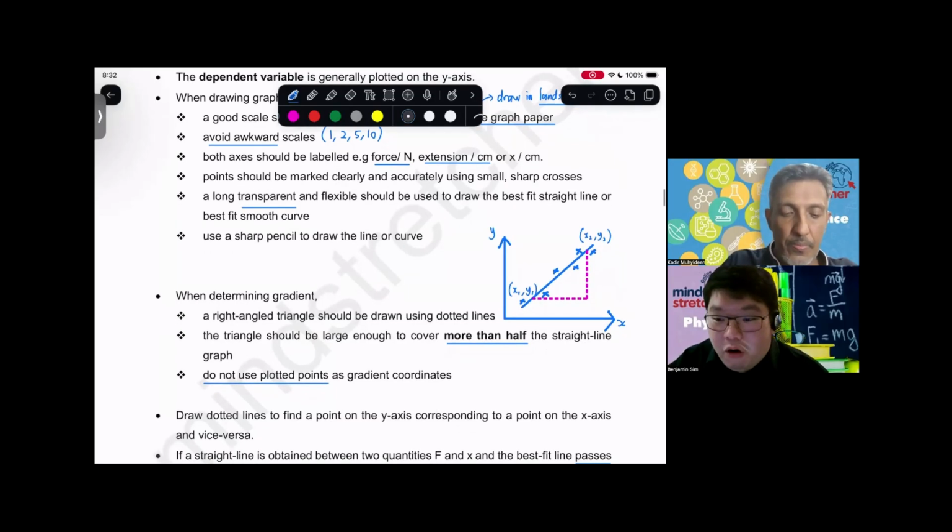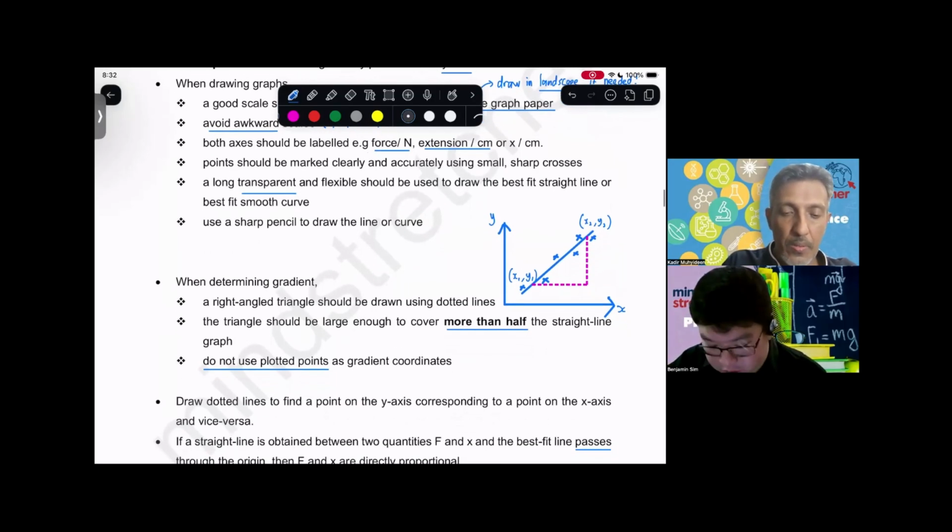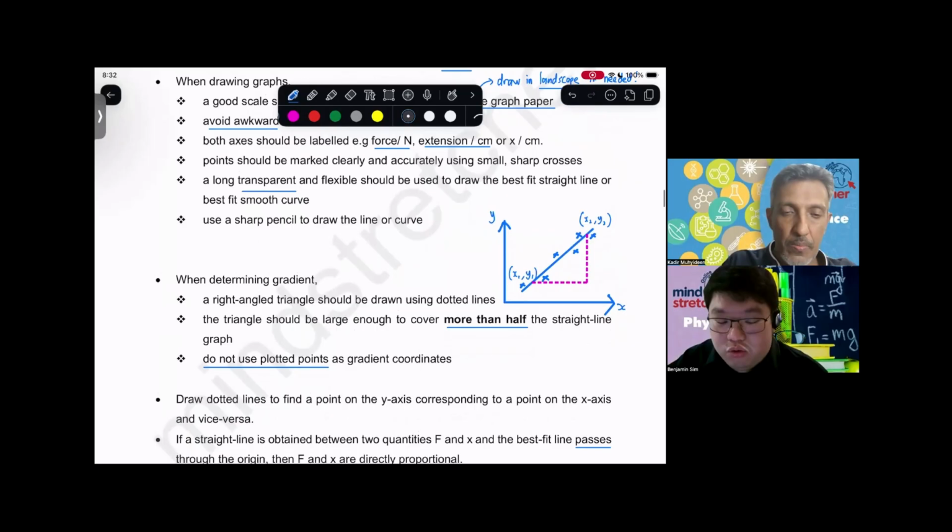Now for the rulers that you all have, please do your best to get yourself a transparent ruler. Either a regular transparent straight ruler, or one of those transparent curved rulers as well, for those of you who prefer to use the French curve. Yes, you can also bring those. Those are generally transparent, so those are okay.